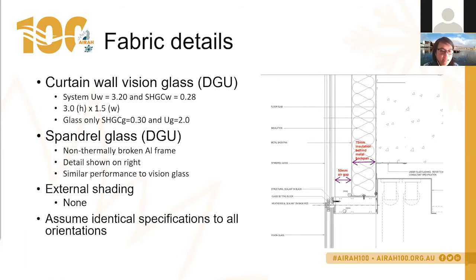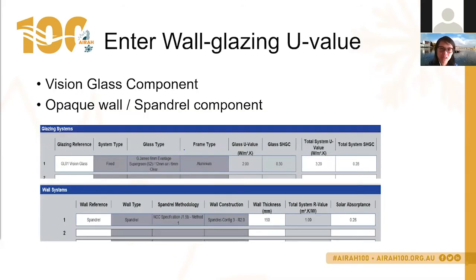There is no external shading, and to simplify our example here, we're just going to assume that we have identical specifications to all orientations. So when you're looking at the facade calculator, which again you can download off the ABCB website, it's free, my suggestion to you would be to always just go and check the website before you start a new project to make sure that you're using the most recent version.